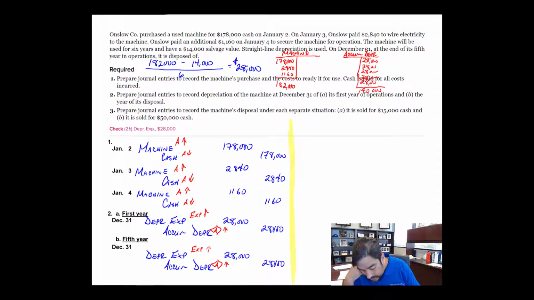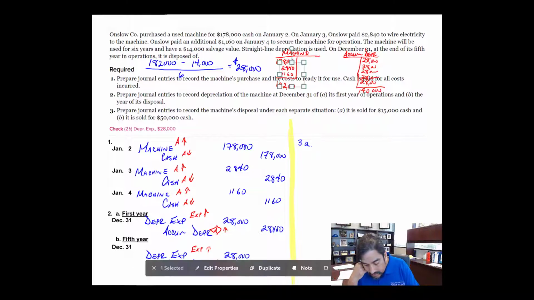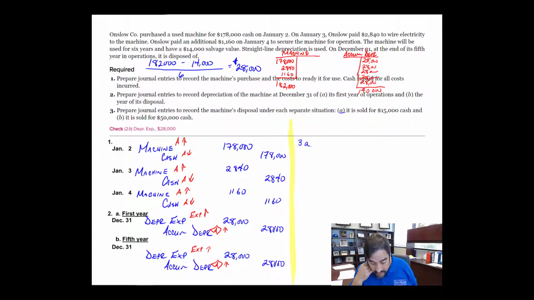I'm going to go 3A because it says we've got 2 separate situations, A and B. A is what if we sold it for $15,000 cash? B is what if we sold it for $50,000 cash? So first, let's deal with the 2 things that are always going to be there.